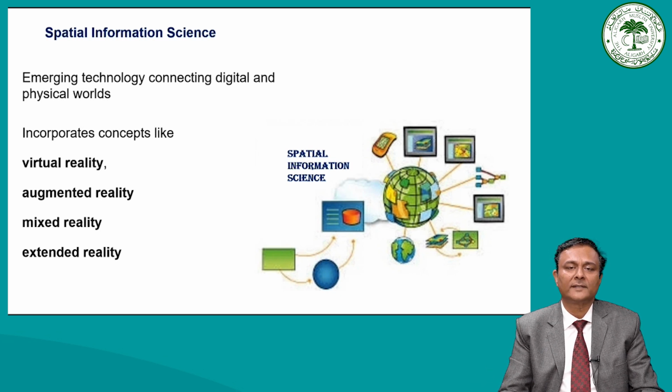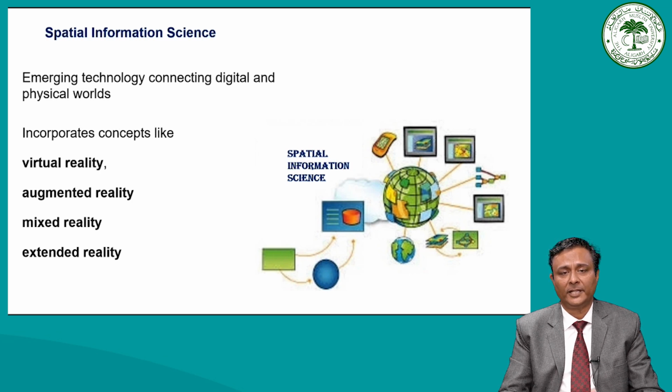It incorporates concepts like virtual reality, augmented reality, mixed reality, and extended reality. And these terms have distinct meanings. Just to elaborate, for example, virtual reality is a fully immersive visual environment that replaces real environments with a virtual one.